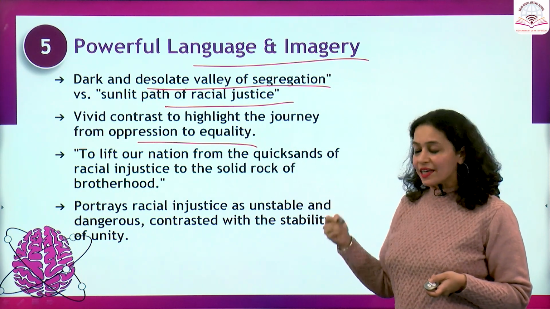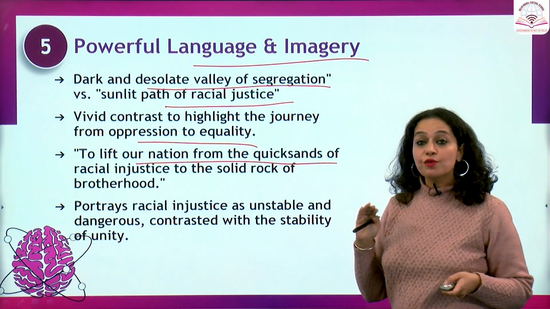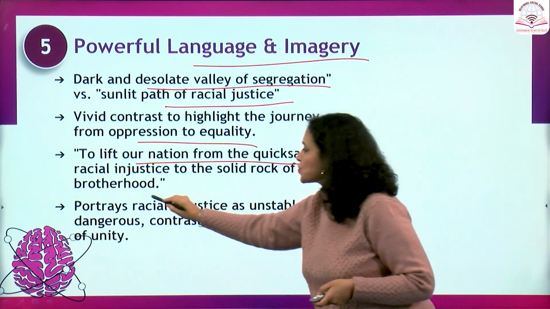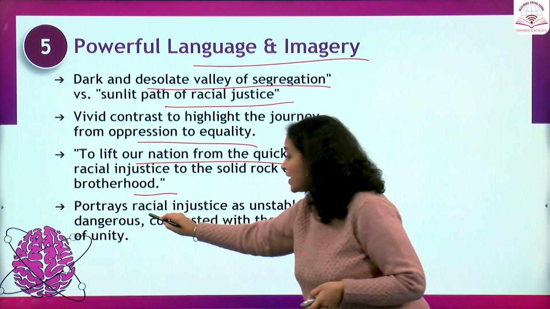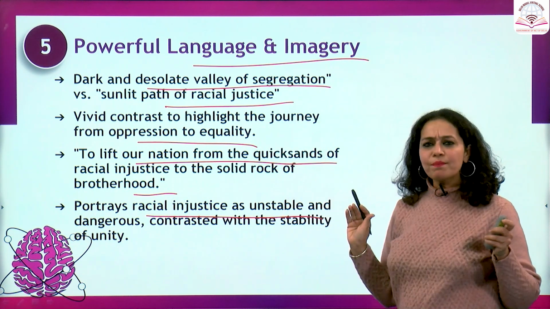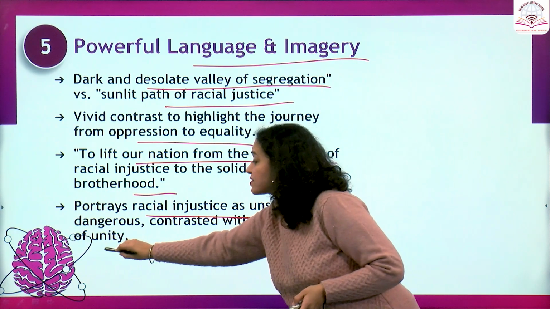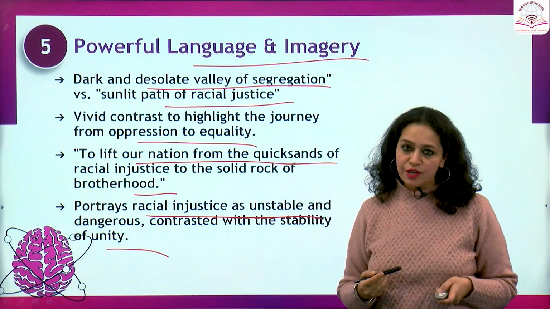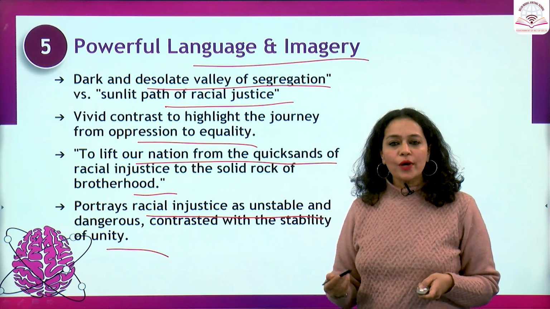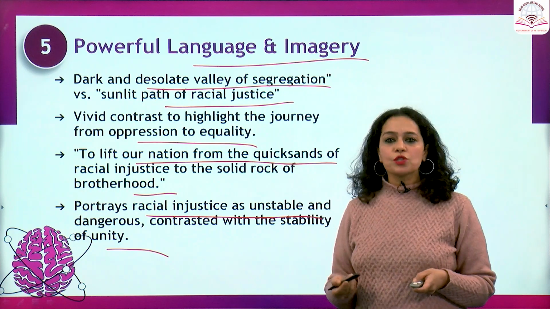If we look at the second phrase, he says, to lift a nation from the quicksands of racial injustice to the solid rock of brotherhood. Here he portrays racial injustice as something unstable, something dangerous, in contrast with the stability of unity that he aspires for his entire nation.